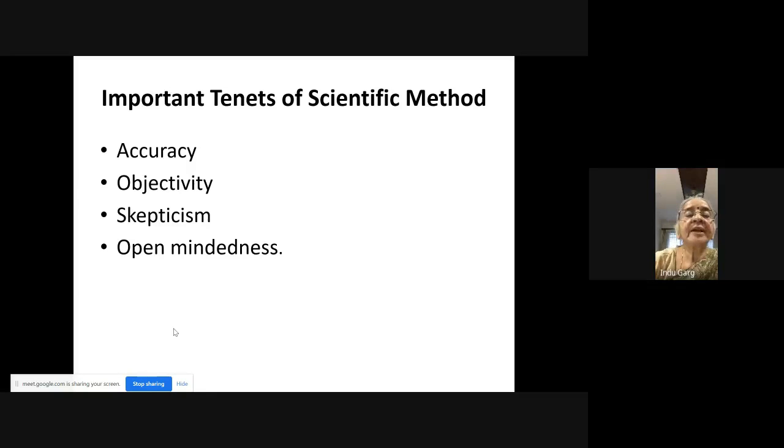But there are some very important principles or tenets of scientific method. Number one, you always have to be accurate, precise. You always have to be objective. When we say there should be complete objectivity, it means that you should not be influenced by feelings. Emotions do not come into it.